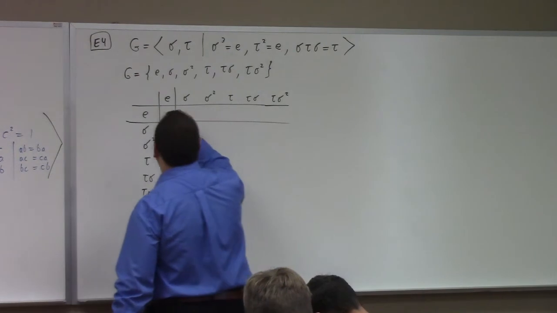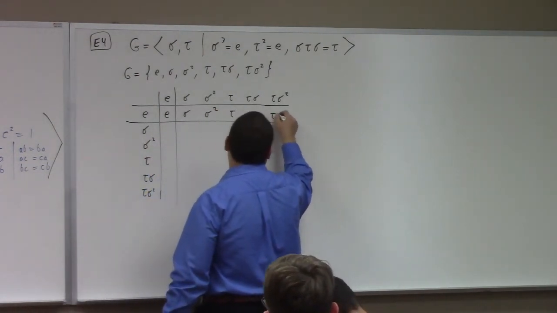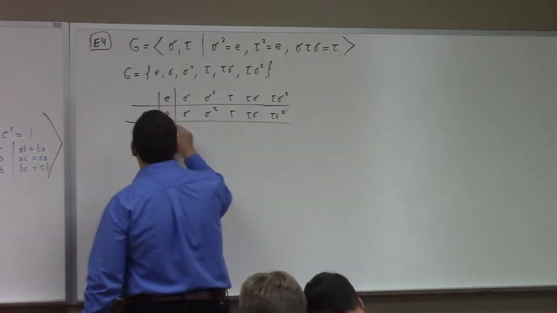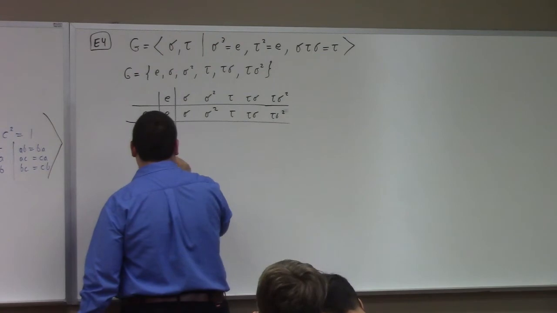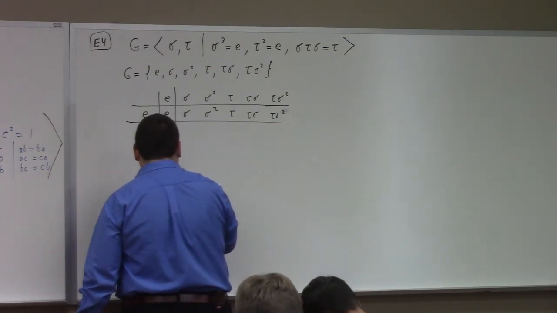First row, first column. It's important to write this because it's going to be useful for a process of elimination as we work out the products.